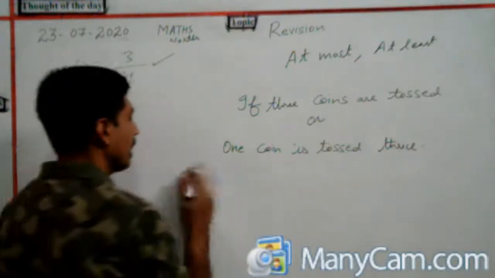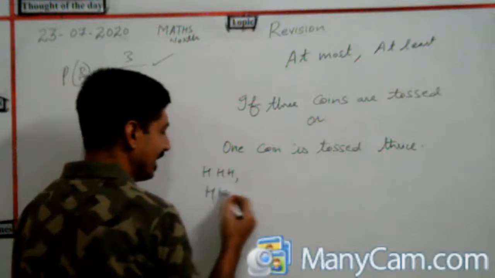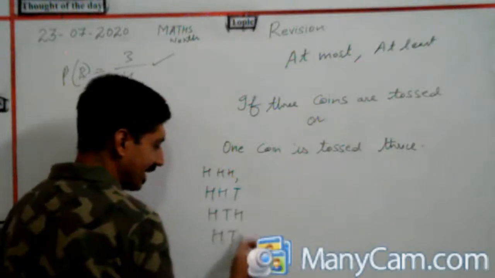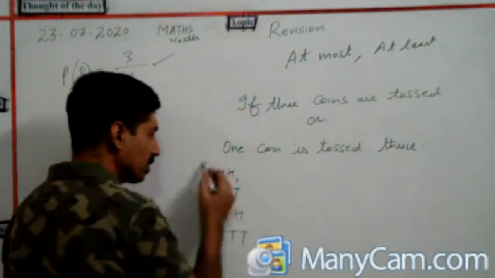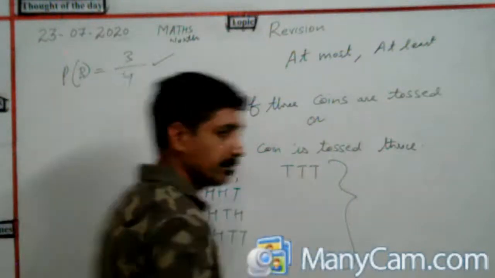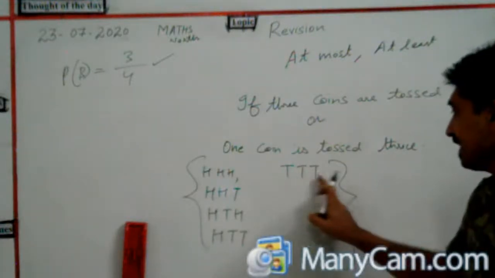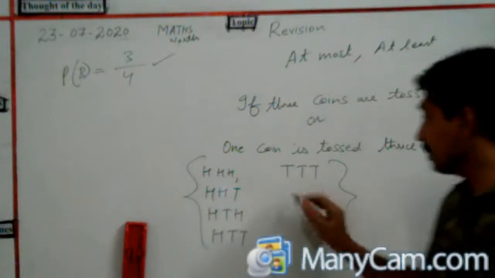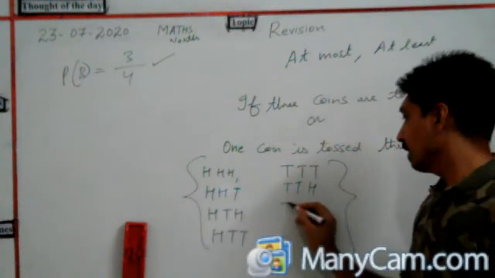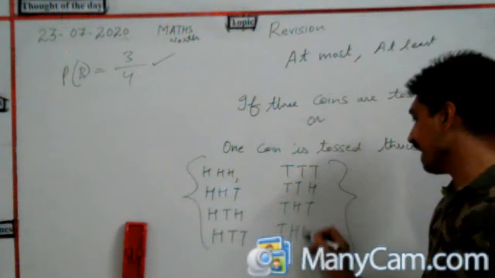We have head, tail. We can have head, tail, or head, tail. On the same grounds, we have tail on all the throws, or we can have tail on the first two tosses and then head, or tail, head, tail.